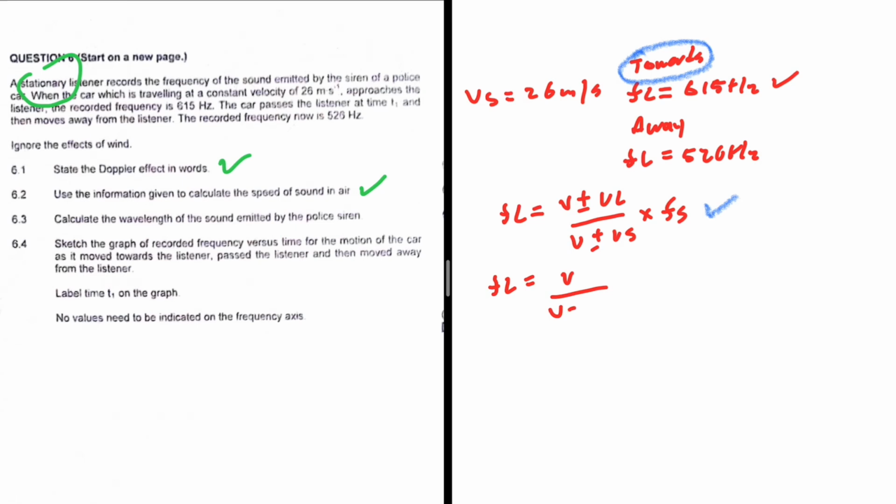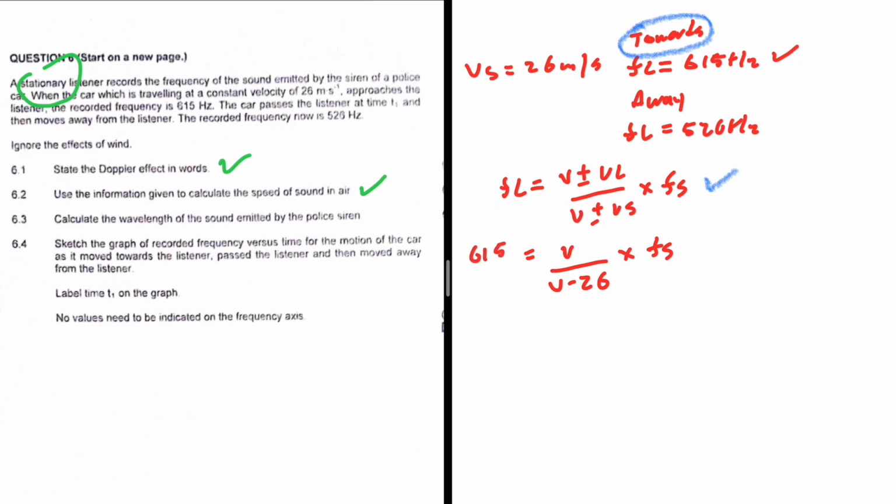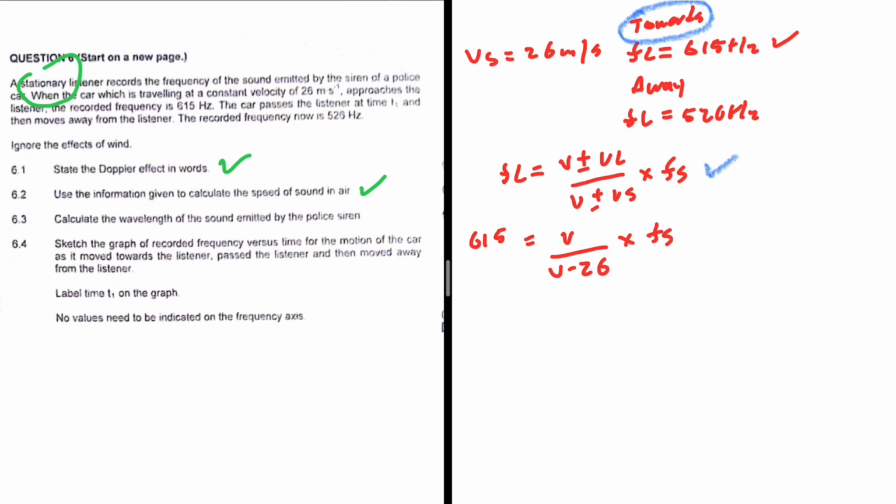So we're going to have minus 26, multiplied by Fs. We know FL when the sound source is moving towards is 615 hertz. So we're going to have that there. So there we go. We can't proceed anymore because we have two unknown variables.